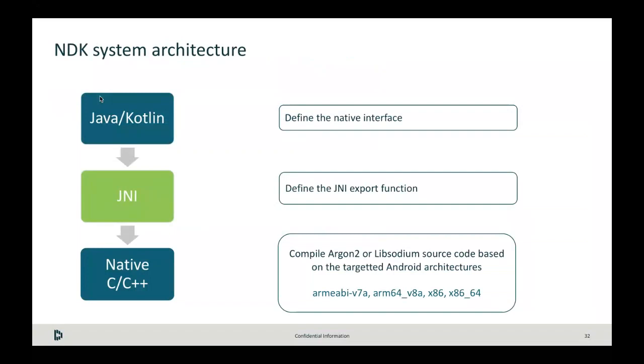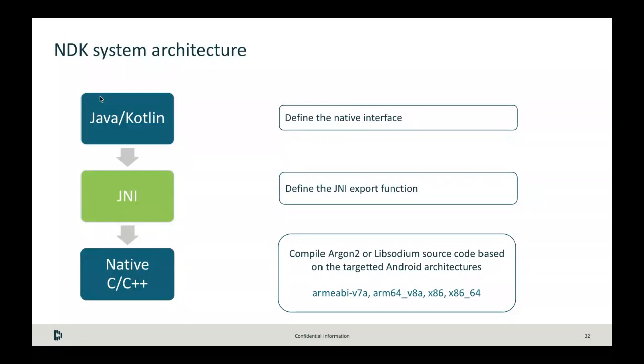To implement the Argon2 algorithm on Android, we will use the NDK system. So here I will give you a recall of how the NDK system works on Android. Basically, you have your Java code or Kotlin code, and you have your native C and C++ library. Between them, we need the JNI for interaction and communication.